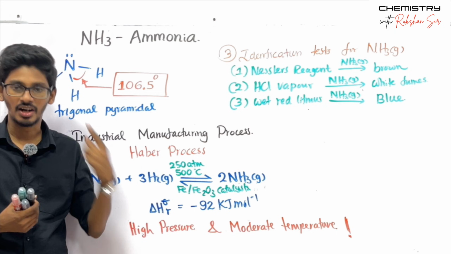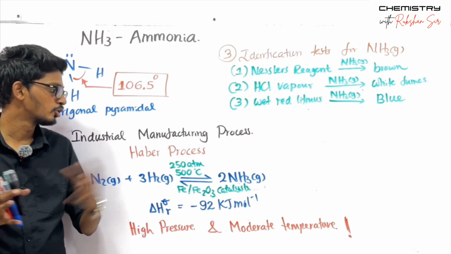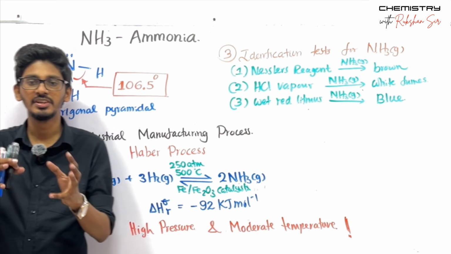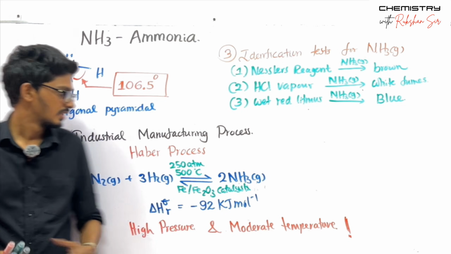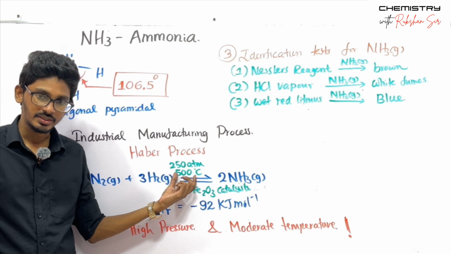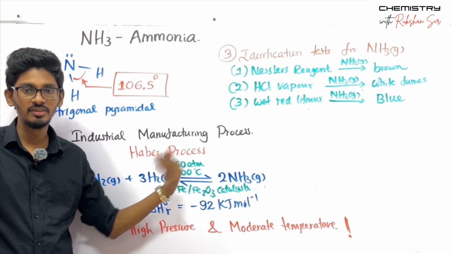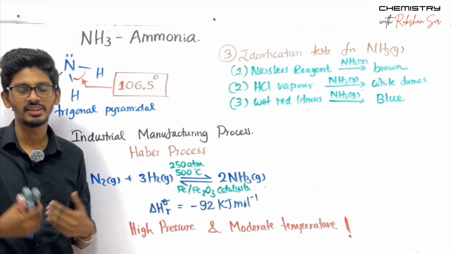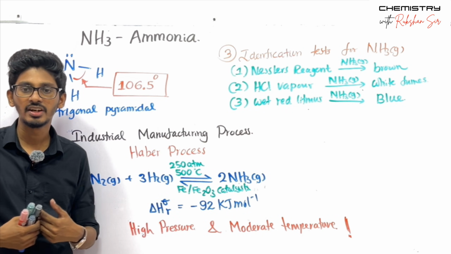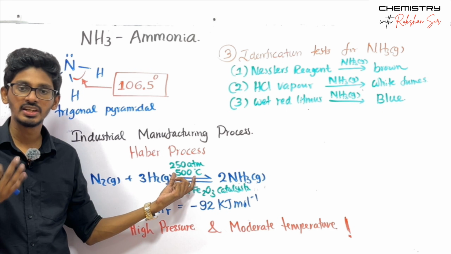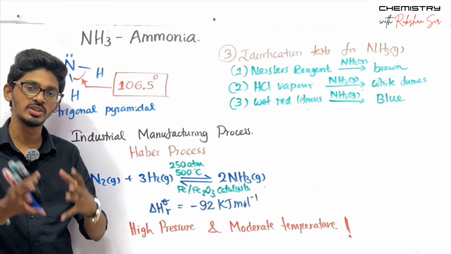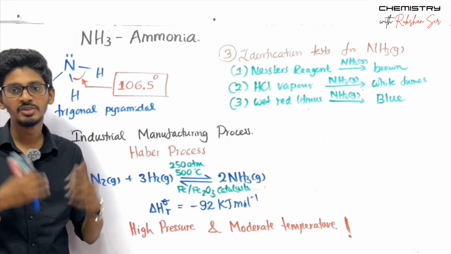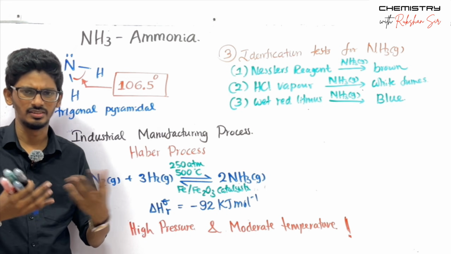The pressure of room conditions is 1 atm, so 250 is 250 times higher. That is why we refer to it as high pressure. Then in Kelvin, 500 plus 273 is like 773 Kelvin, while room conditions are like 300 Kelvin. Room conditions means 298 Kelvin.